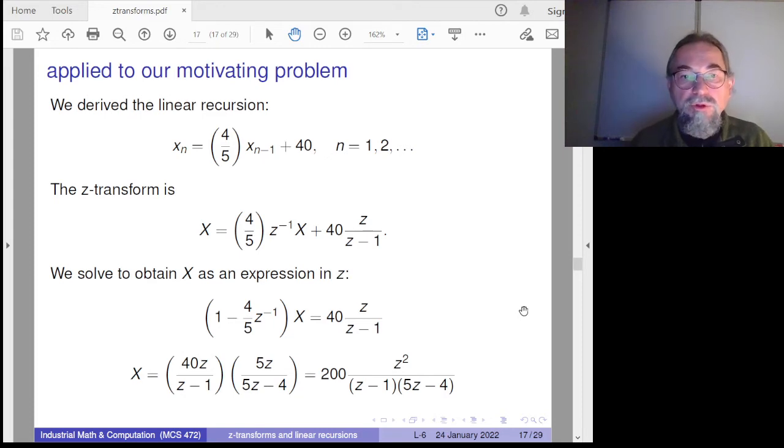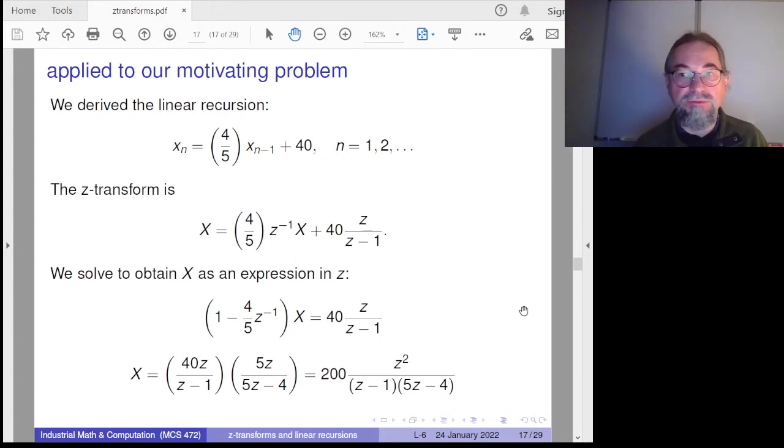So we will look at the z-transform of our recursion relation. We have three terms. The left-hand side is by definition the capital X, defined from the little x. Then we have the delay, xn minus 1, and then there is the constant.